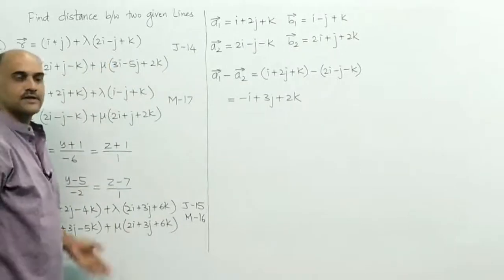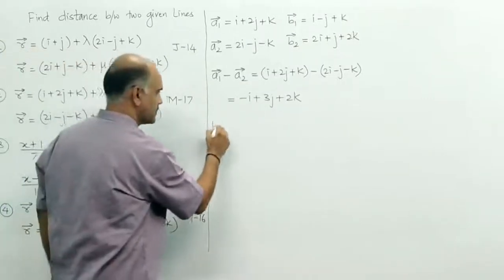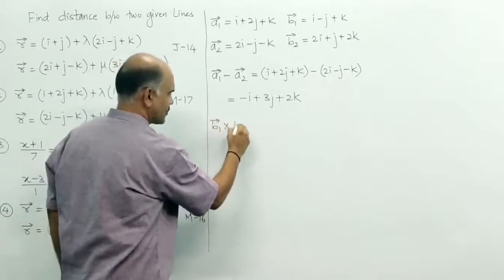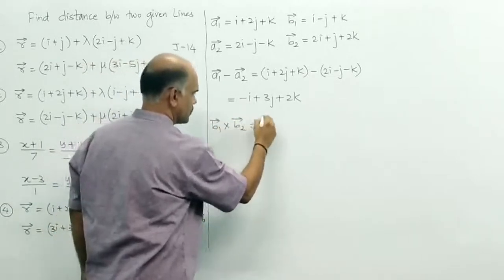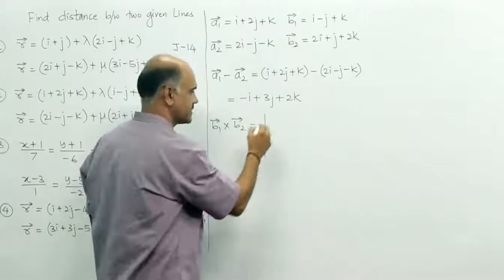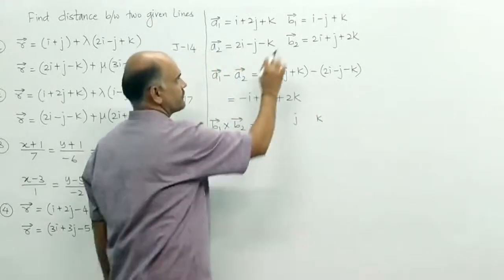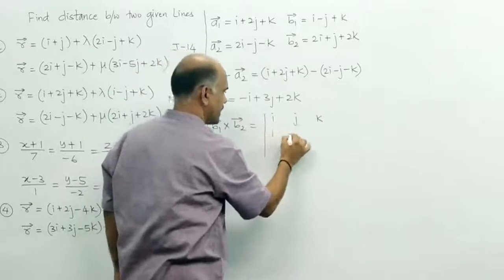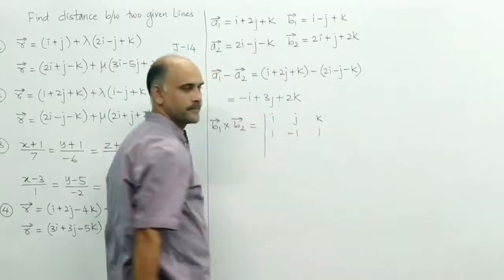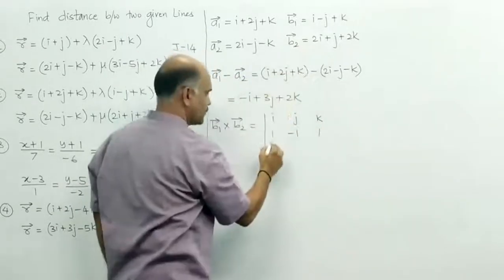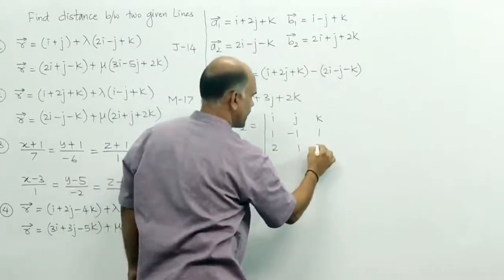Second step, b1 cross b2. So b1 cross b2 is the determinant of i, j, k; coefficients in b1: 1, minus 1, 1; coefficients in b2: 2, 1, 2.